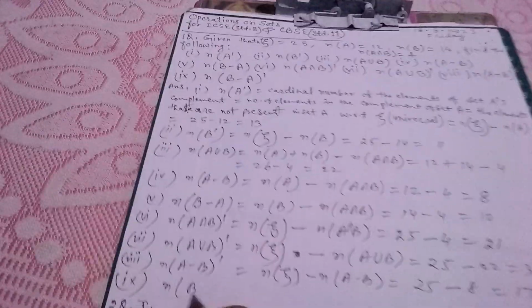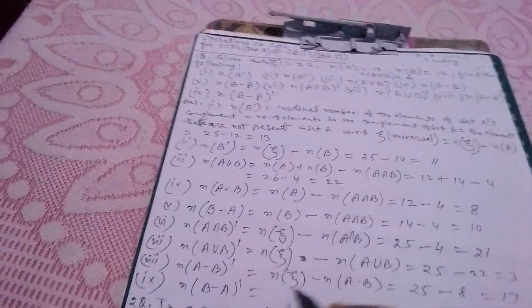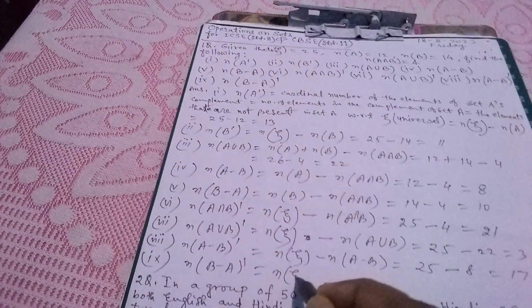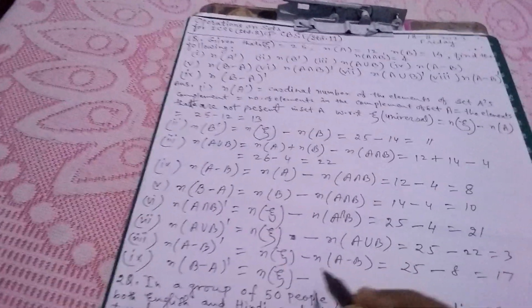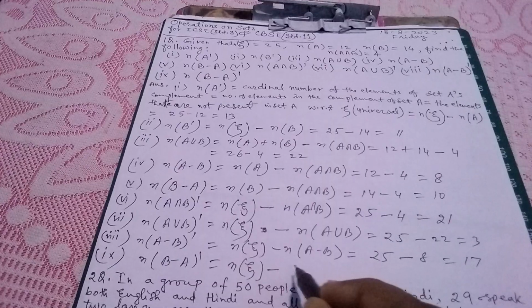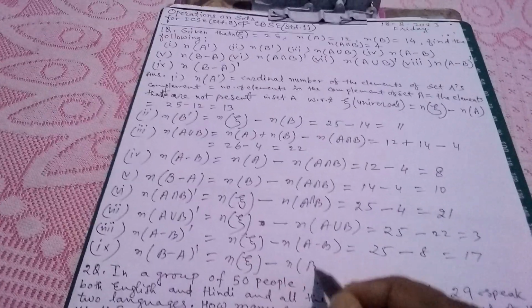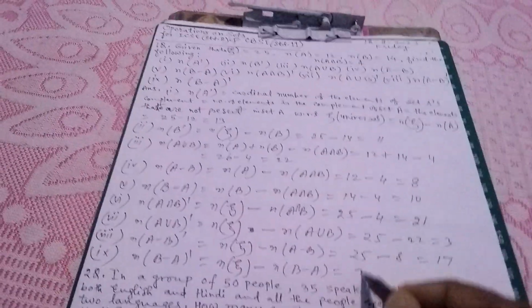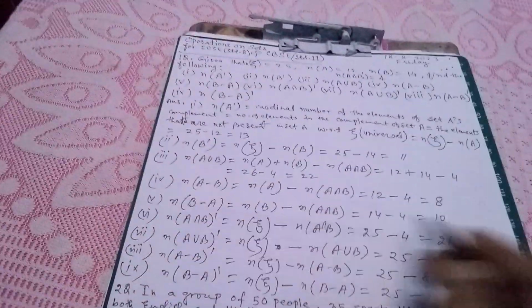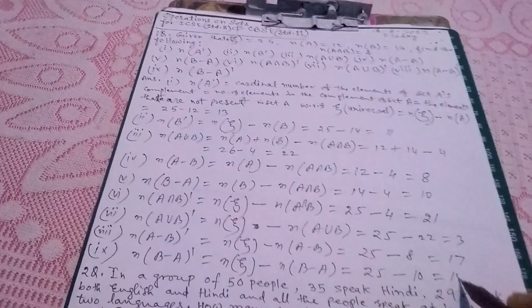And the last, ninth one, is the cardinal number of B difference A complement. This means the cardinal number of the elements in the universal set, epsilon, minus B difference A, that equals 25 minus 10, which equals 15.